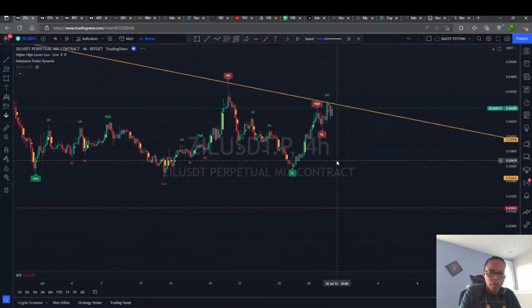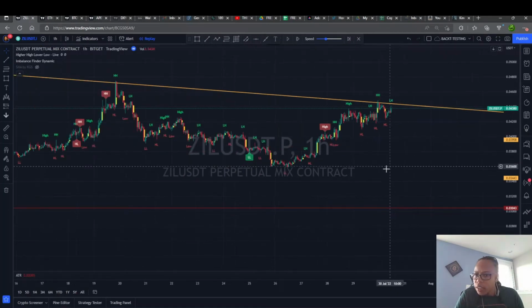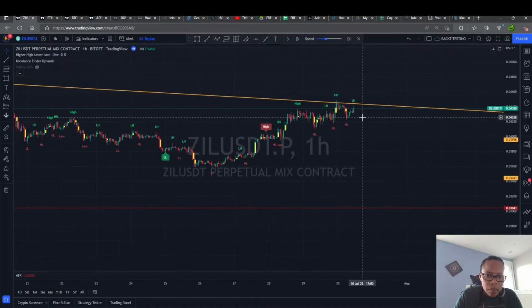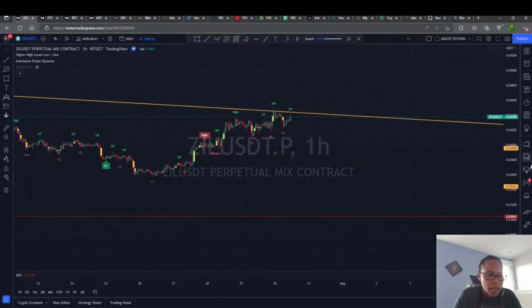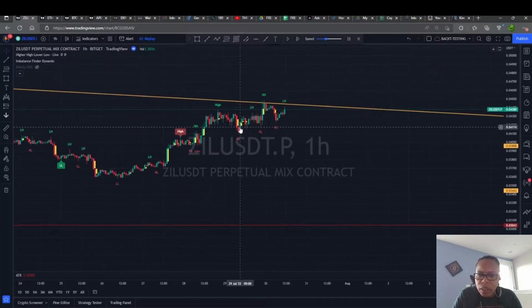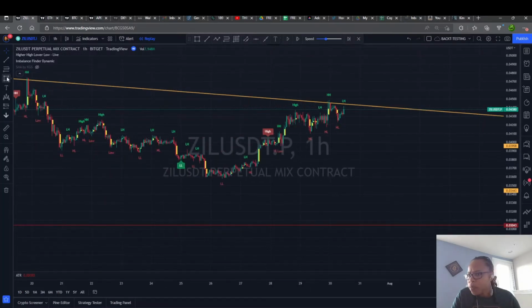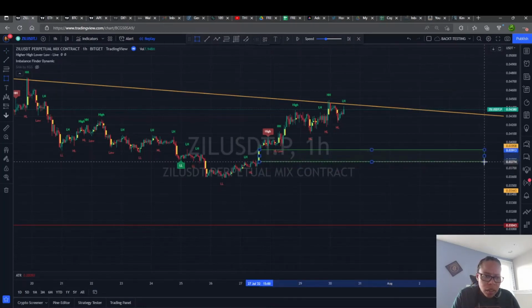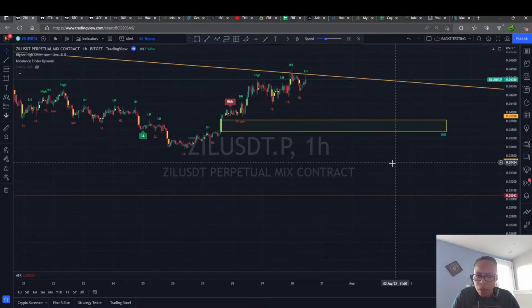Let's go to the 1 hour and see if we see anything else juicier for some kind of entry. So it looks like we're running out of steam on the 1 hour. Yeah, we're consolidating here. As targets, we've got this juicy imbalance, not to mention the lower area here.